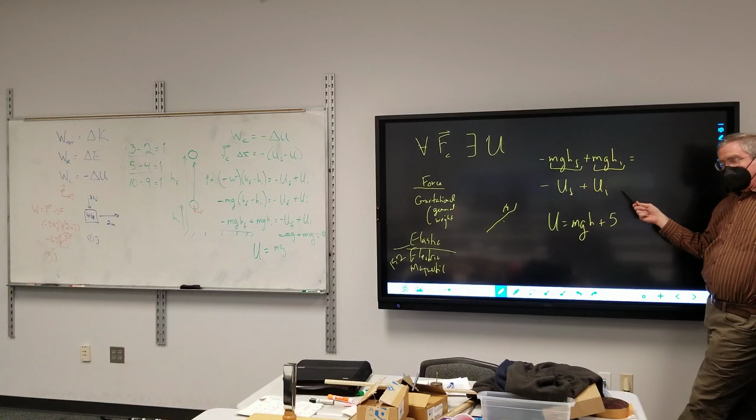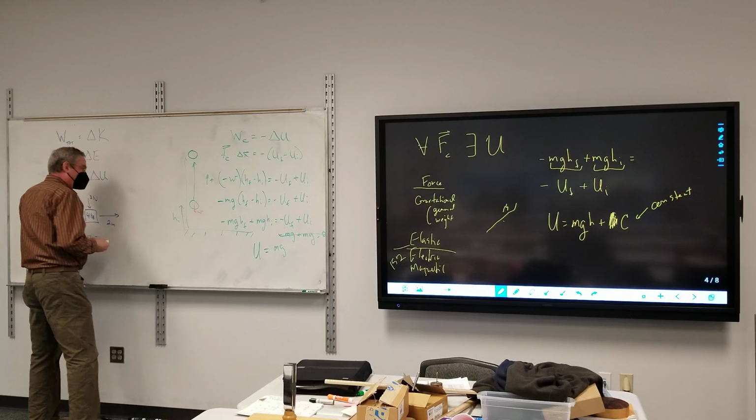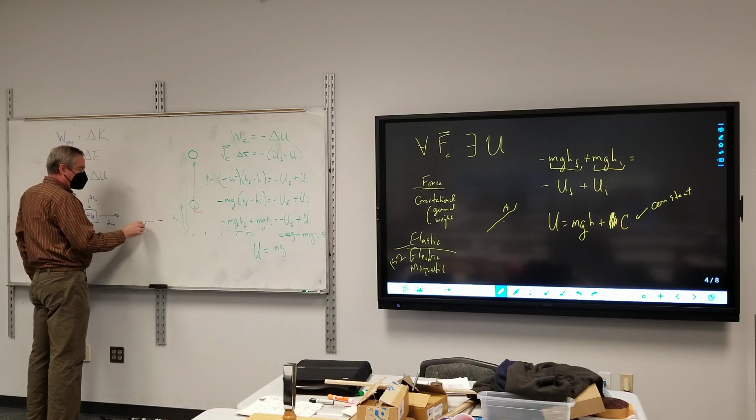So, I've got the ground here, and I have my object initially at 2 meters. Let's give it a mass of 3 kilograms, and we'll put it on Earth.